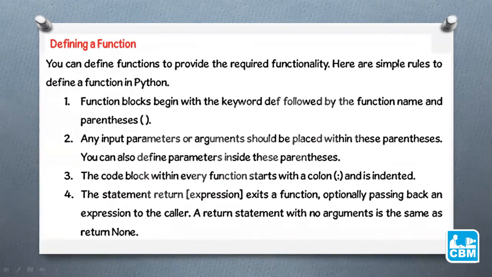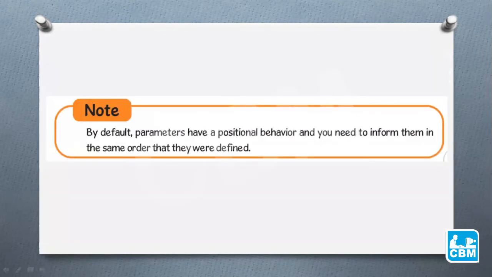The return statement is used to exit the function and mostly pass the expression back to the caller. A return statement with no arguments is the same as return None. By default, parameters have a positional behavior, so you need to pass them in the same order as they were defined.